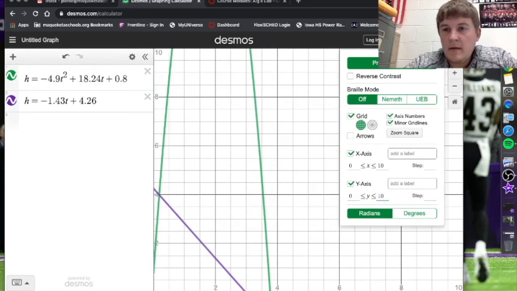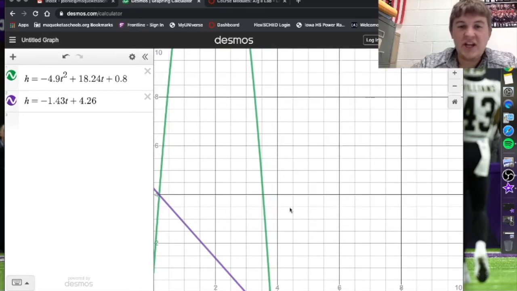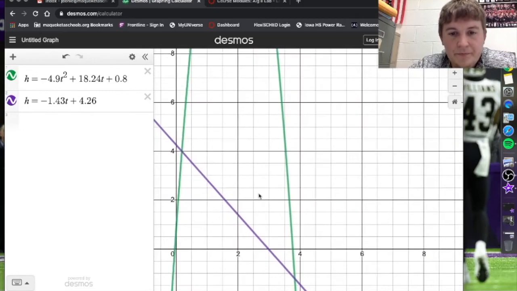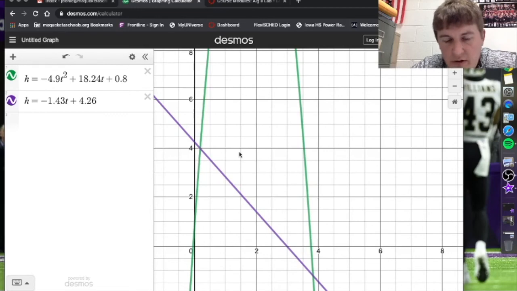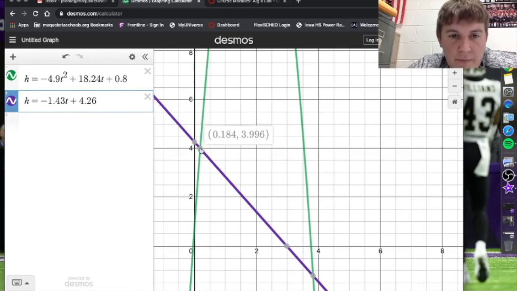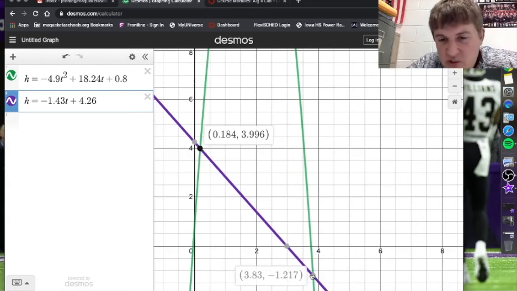Perfect. So it looks like it crosses at 2 points: at about 0.184 seconds, but then it crosses later down here at 3.83 seconds.